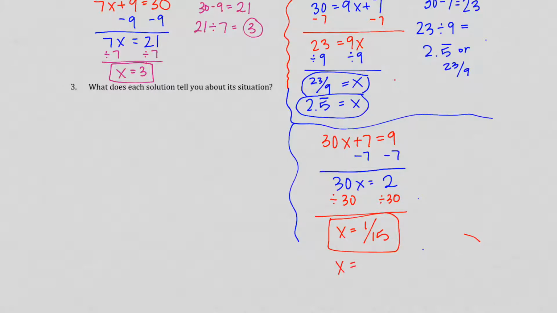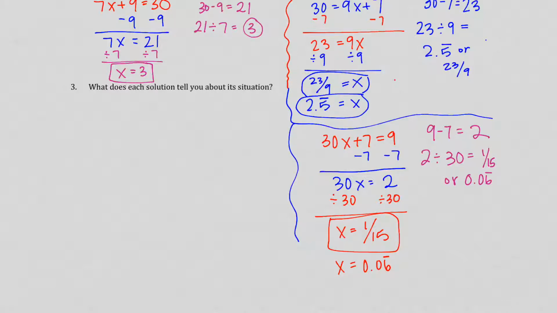Or you could say x equals 0.06 repeated. Okay? Or you can do mental math. So you have to do 9 minus 7, which leaves you with 2. And then you have to divide that into 30 pieces, which would be 1/15 or 0.06 repeated.